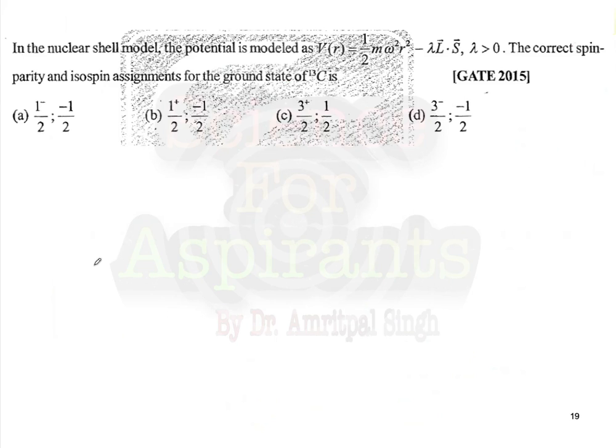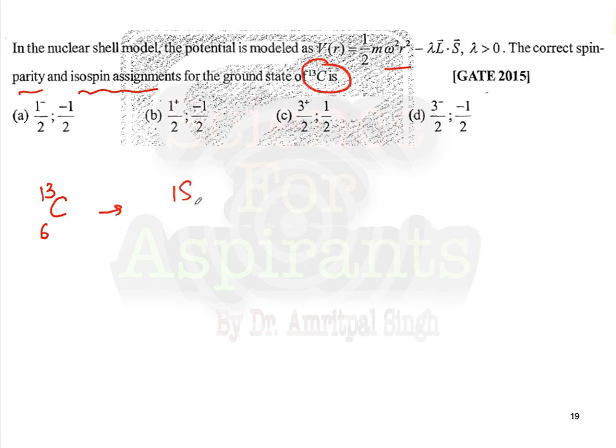Now if you look at this question, it says that in the nuclear shell model, the potential is given by this value, and we have to find the correct spin, parity and isospin assignment for carbon 13. First, the spin and parity, which you can easily find.